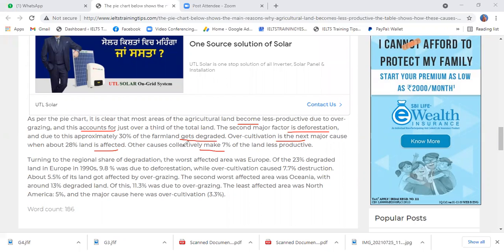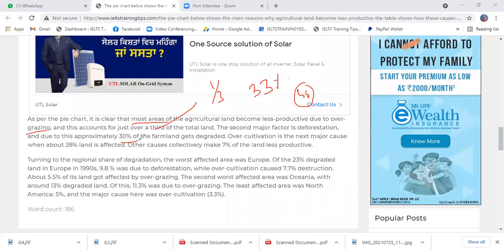As we have seen very clearly, you can see the order of the presentation. Most areas, overgrazing, number one, a third of the total, one third, which means over a third, more than 33%. There it is 35%. The second major factor is deforestation, and due to this 30%.